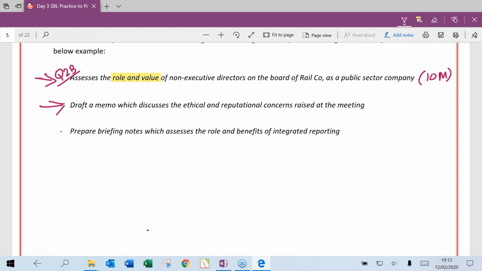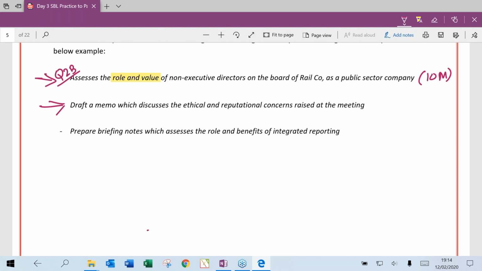So how would you draft? Your first broad heading would be ethical concerns. You will cover 2-3 points under ethical concerns. Then you will give the heading reputational concerns, and then you would cover 2-3 points for reputational concerns. Okay, don't make the mistake of merging and mixing everything together. Ethical should be under ethical, reputational should be under reputational.